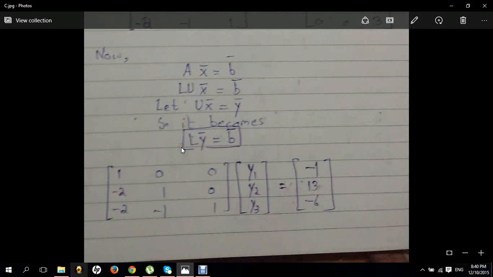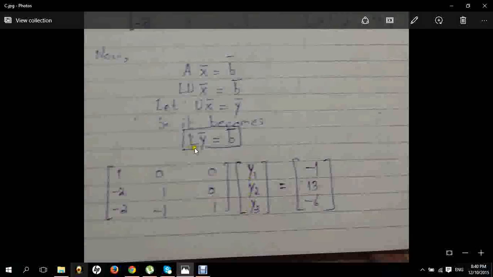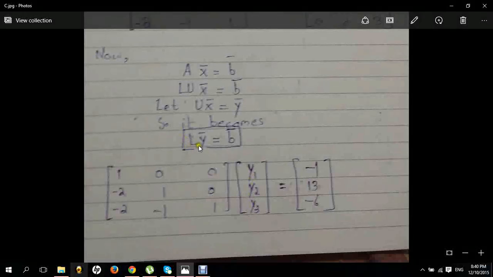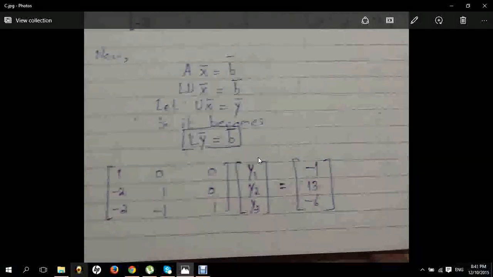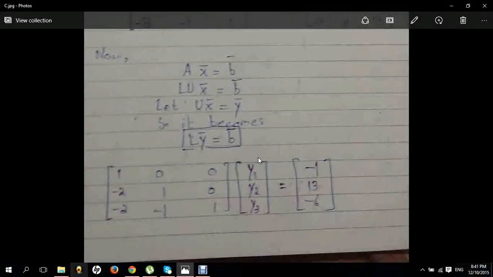The next main step is to evaluate this equation. Actually, to evaluate the value of Y in this equation. So we know that we have our lower triangle matrix, and we're going to put y1, y2, y3, or it depends on you, whatever you want to put in this variable, like y0, y1, y2, or y dash, or y double dash, or y triple dash.